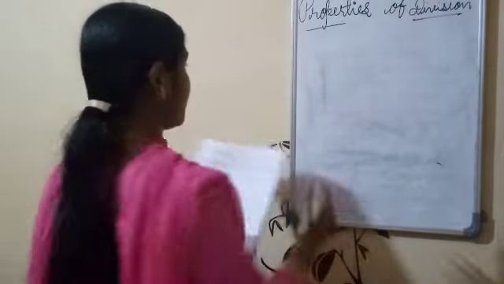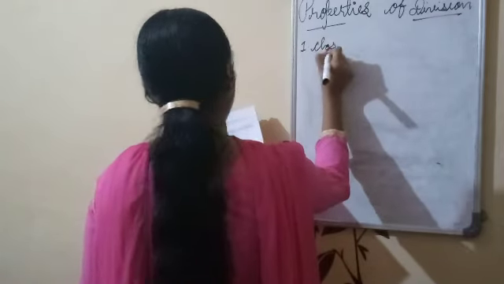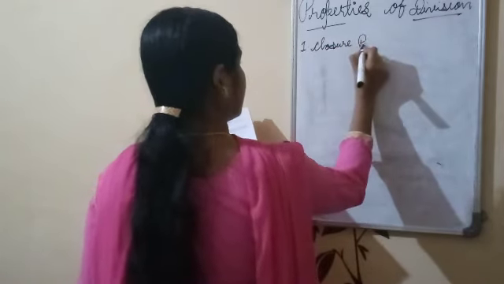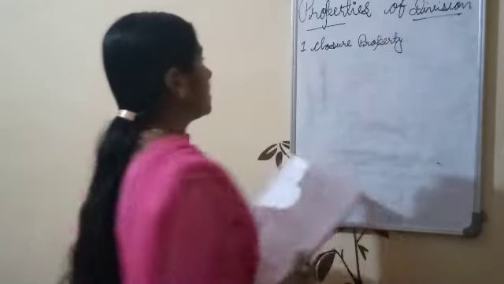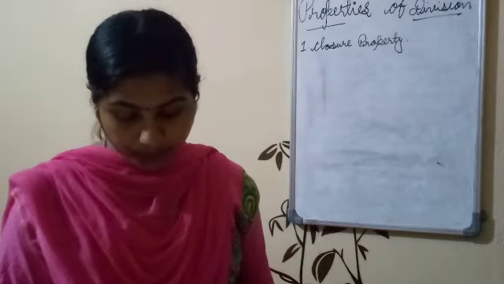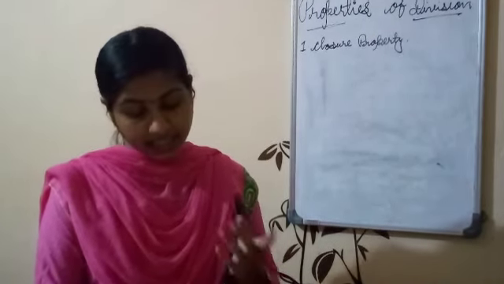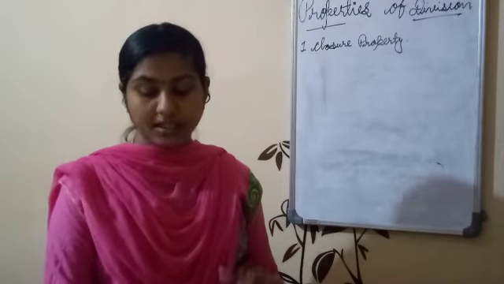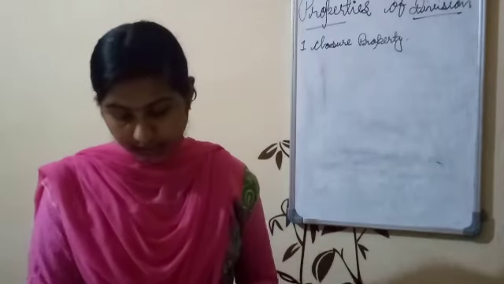The first property, closure property. This closure property: when a whole number is divided by another whole number, the quotient is not always a whole number.